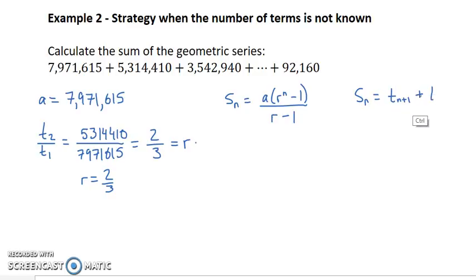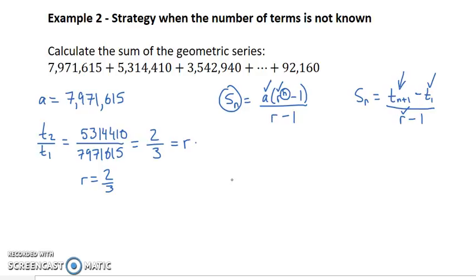Let me just correct that. And so those will both work. In the first equation, I know the A value, I know the R value, I don't know the N value, and I don't know the sum. In the second equation, I know the T1 value, I know the R value, but there's a very simple way to determine that Tn plus 1 value.